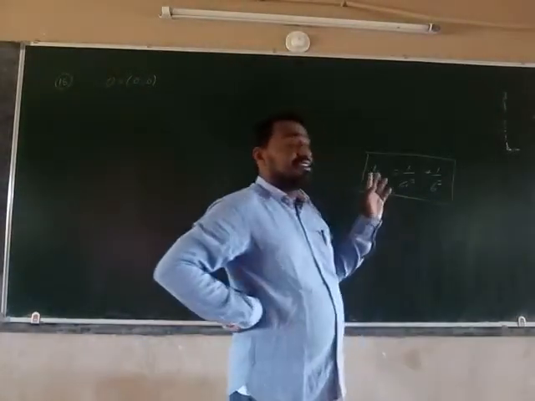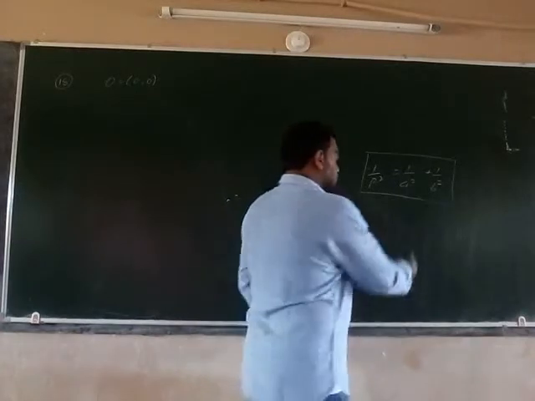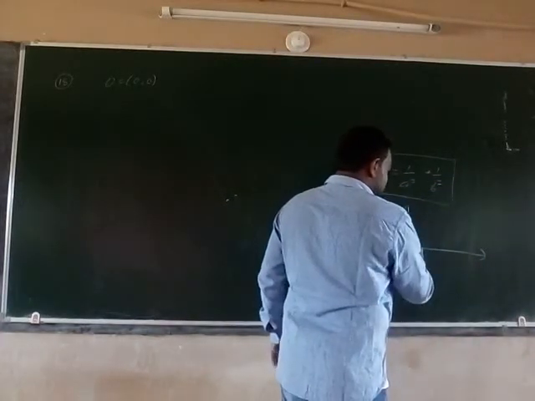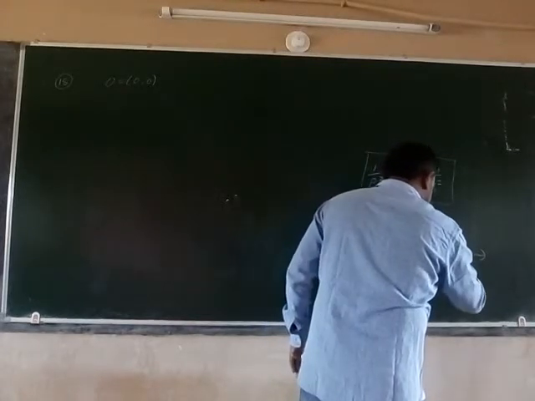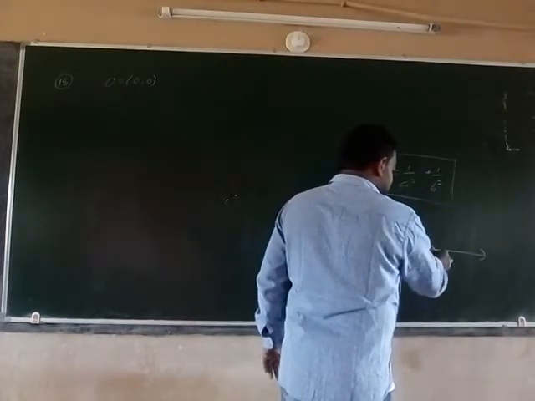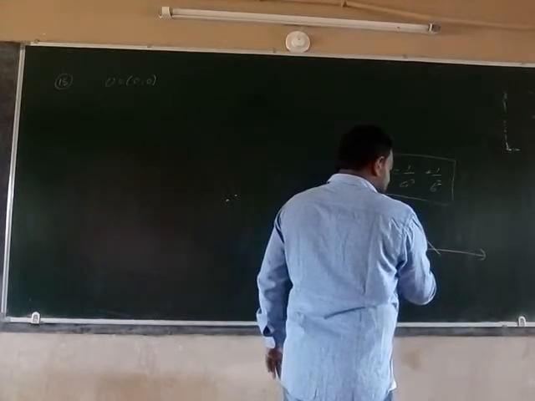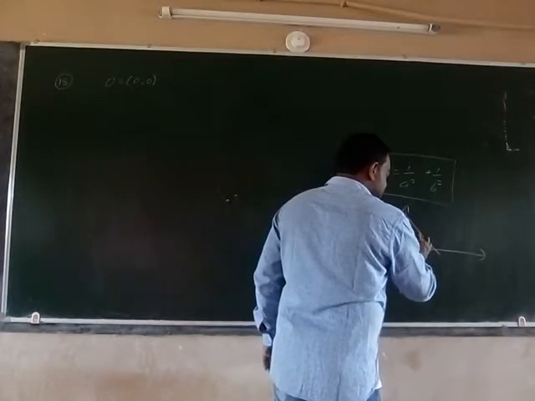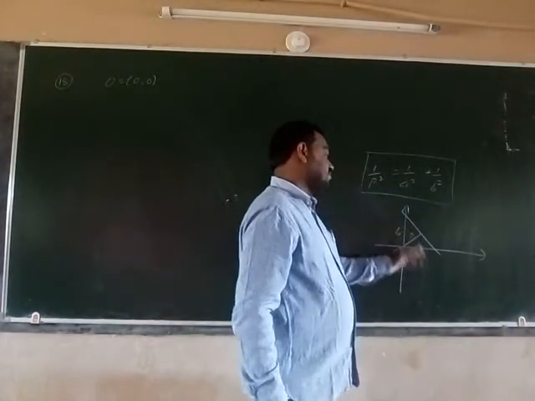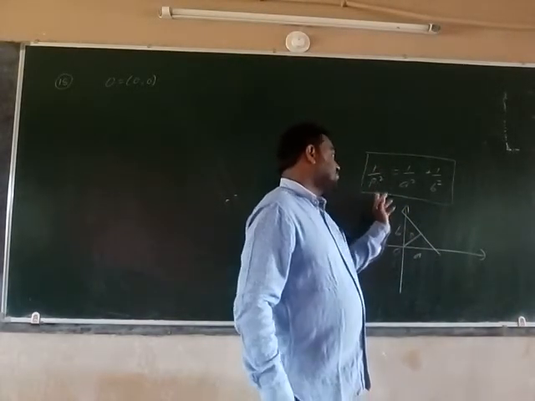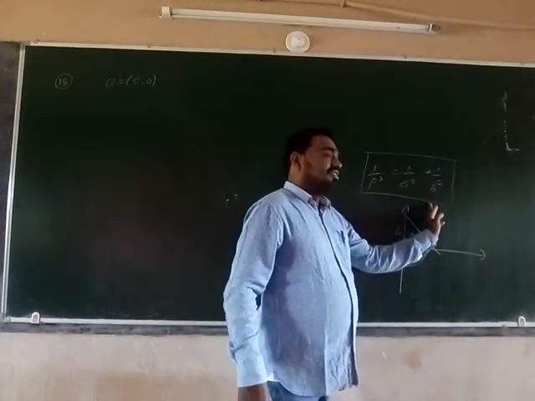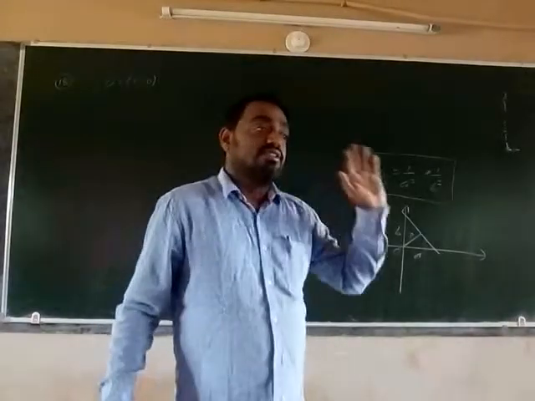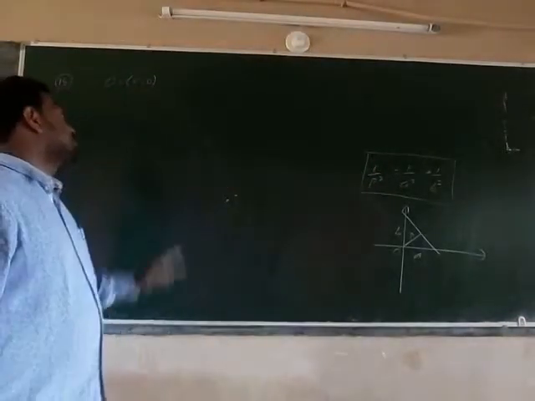P is the perpendicular distance from origin to the line whose intercepts are A and B, x intercept A, y intercept B. The relation between them is 1 by P square is equal to 1 by A square plus 1 by B square. These formulas we use directly in computations.